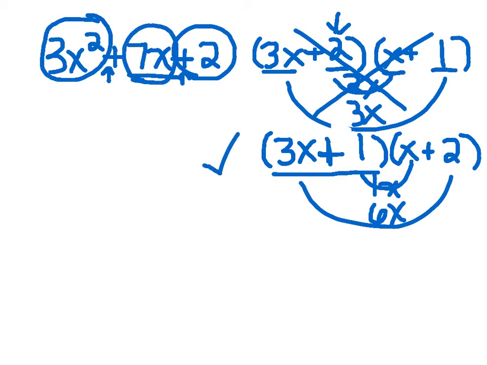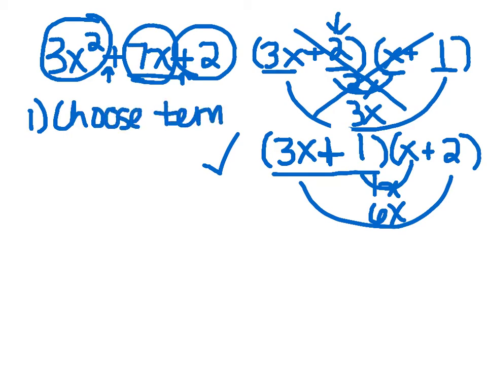So that's the check. The first thing you do is choose terms whose products equal the first and third terms. That's not the easiest way to say it.